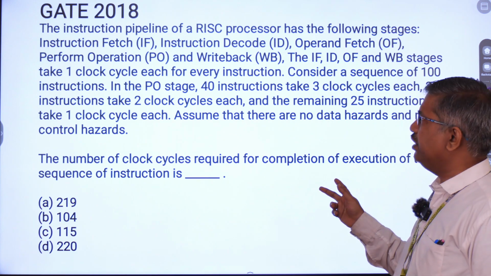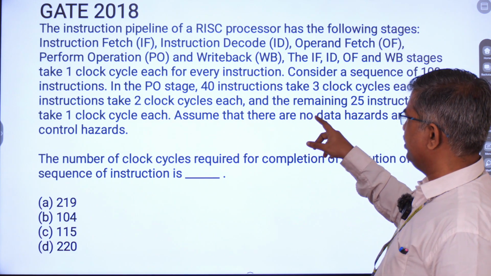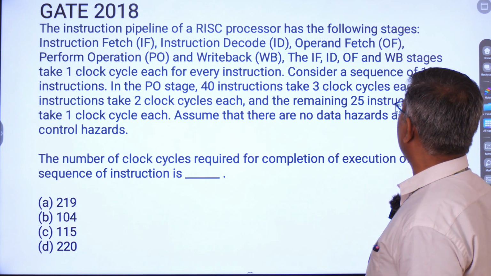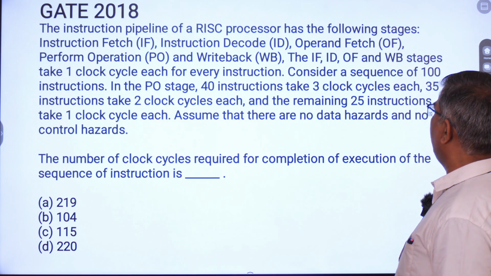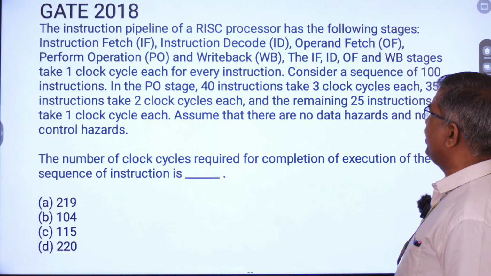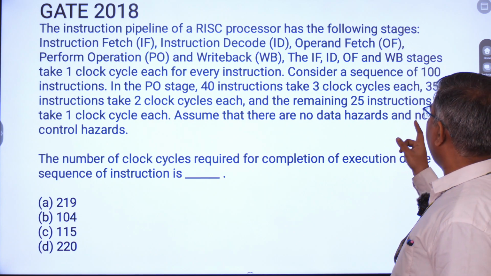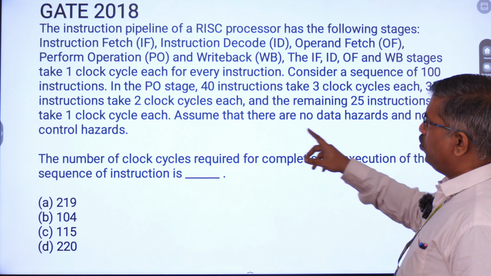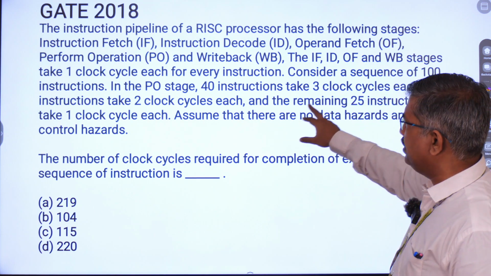Next, this question was asked in the year 2018. An instruction pipeline of a RISC processor has the following stages: instruction fetch, instruction decode, operand fetch, perform operation, and write back. The IF, ID, OF, and WB stages take one clock cycle each for every instruction. Consider a sequence of 100 instructions.